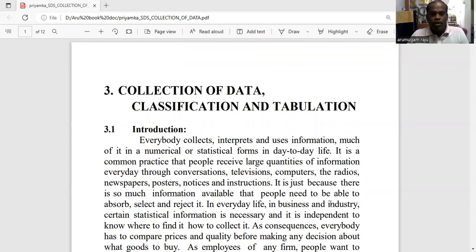So the first one is data. Data means a collection of information. You already know very well the meaning of data. In general, we can classify the data into two types. The first one is primary data and the other one is secondary data, right?